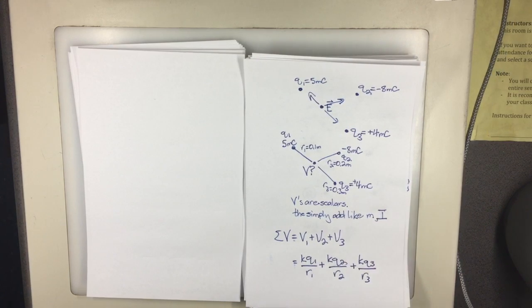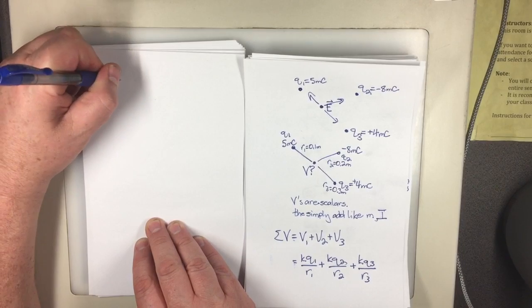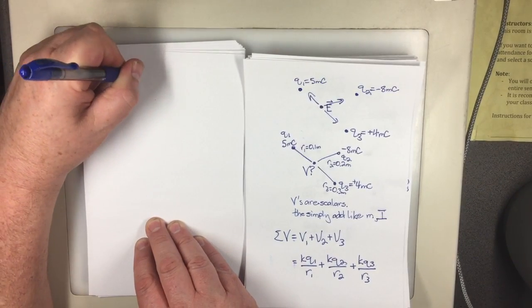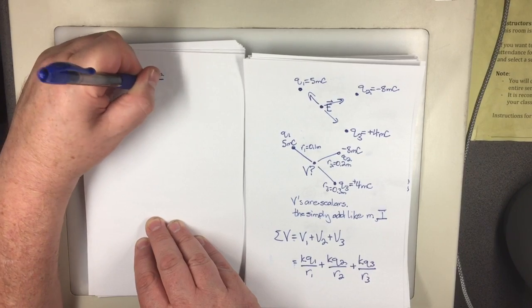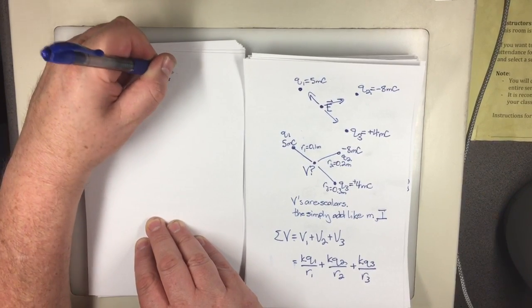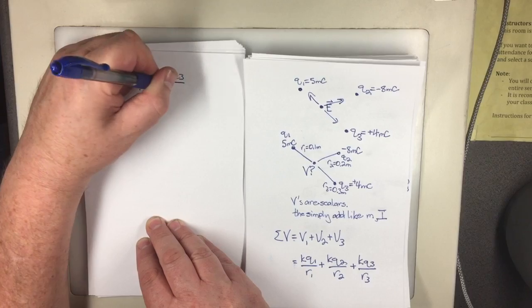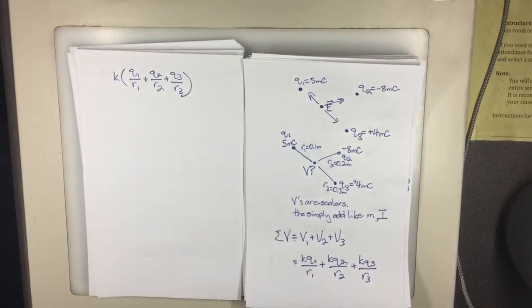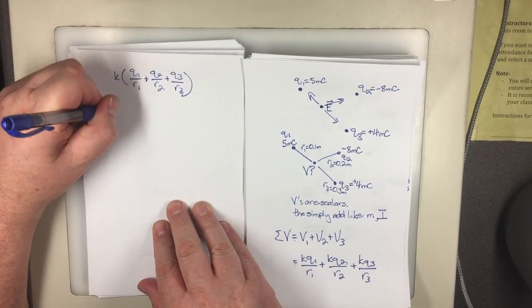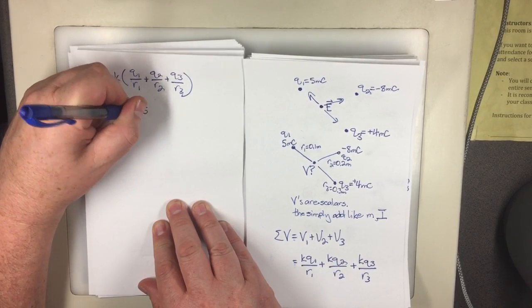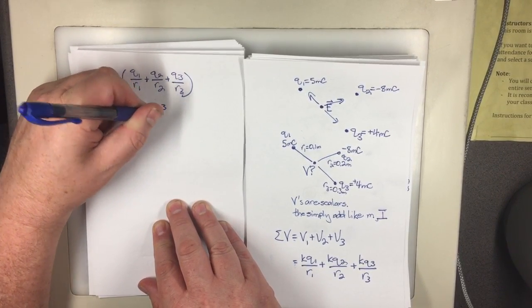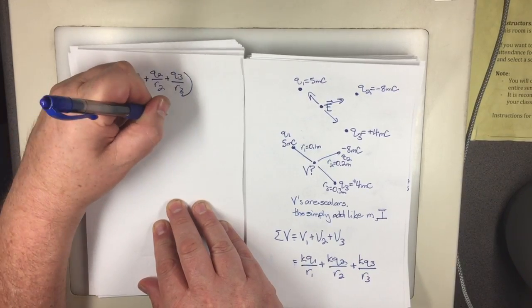And we get that. So all you got to do is, well, first I would factor out the K. I don't want to write that thing 3 different times. And you get that. And then you just write out 9 times 10 to the 9th, 5 times 10 to the negative 3 over 0.1.